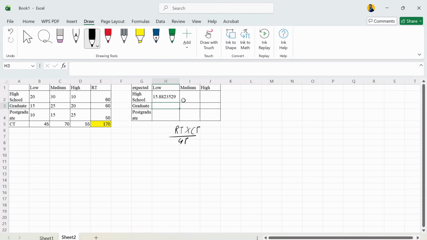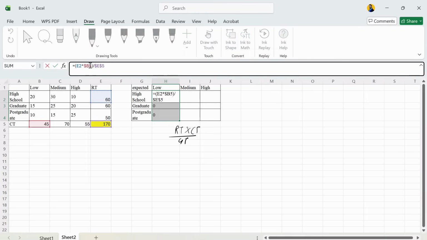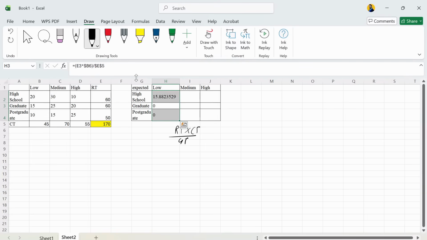Now I can simply drag this formula to the other values. Just make sure we have closed the bracket. Now enter, and let's drag the values. So we have our values.